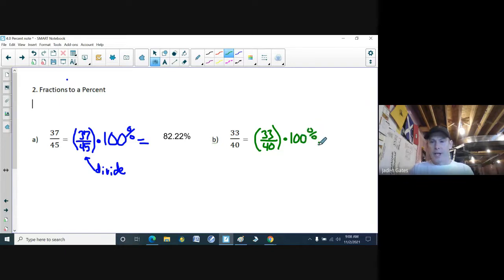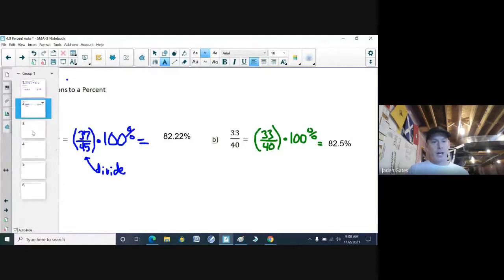I take my 33 divided by 40 and I get 0.825. Then I times it by 100% and I get 82.5%. And so it looks like it's close, but B was actually done better. 33 out of 40 is better than 37 out of 45. Not by much, but it is better.